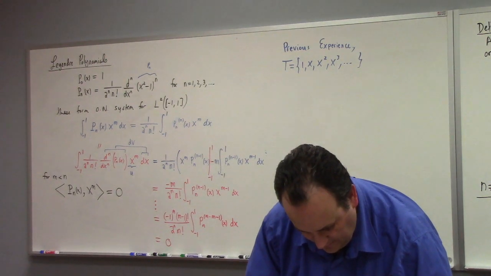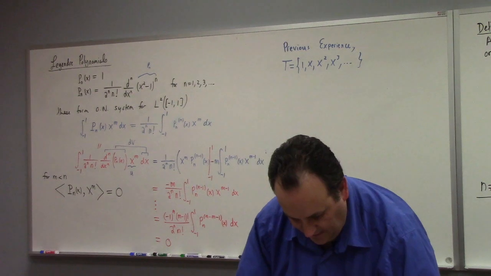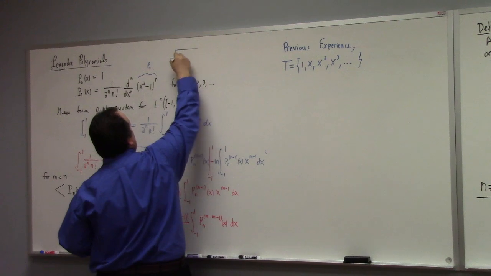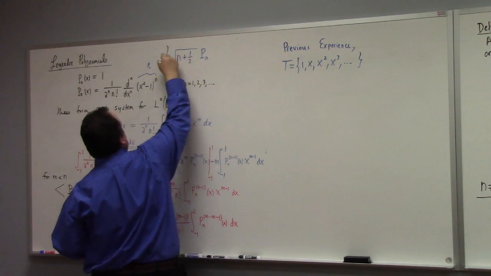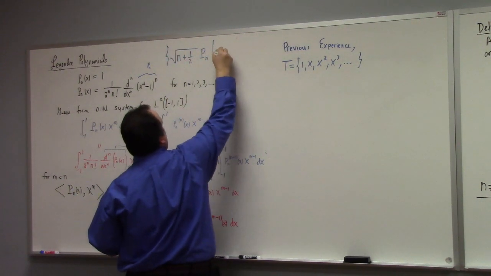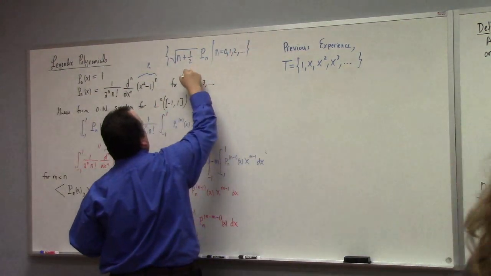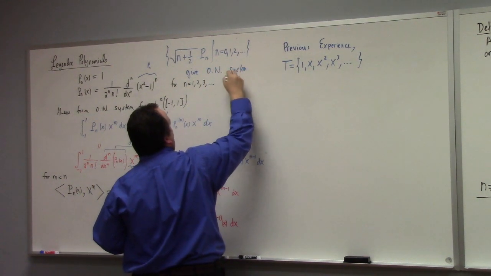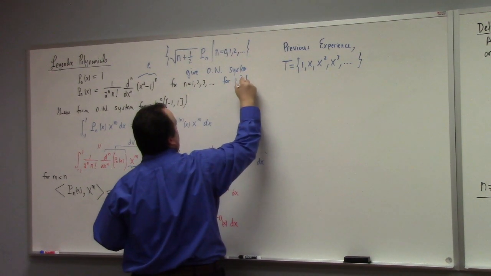Well, later on he says to obtain an orthogonal system, the square root of n plus 1/2 times Pn. Eventually he confesses the square root of n plus 1/2 times Pn gives an orthonormal system for L2 of minus 1 to 1.